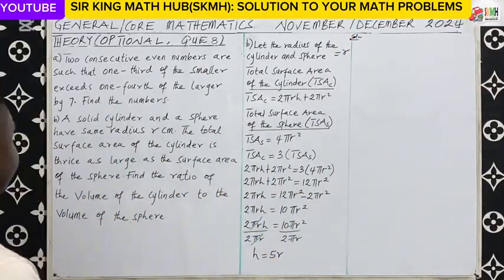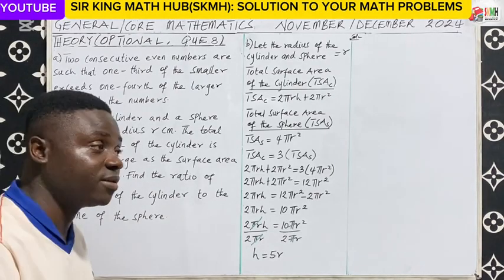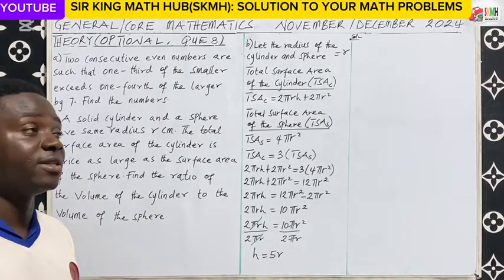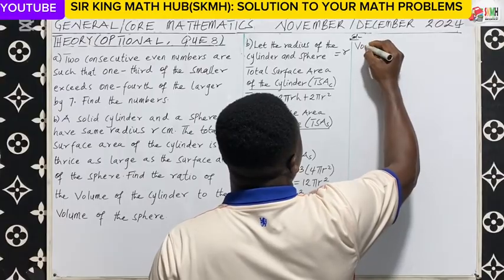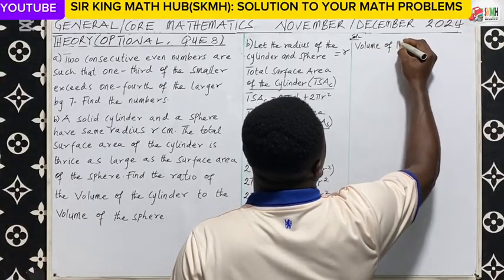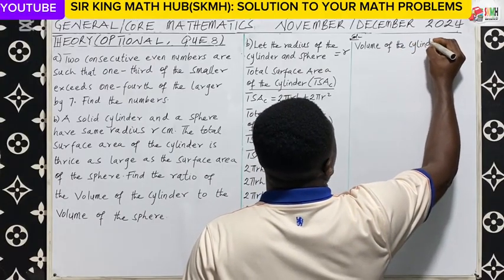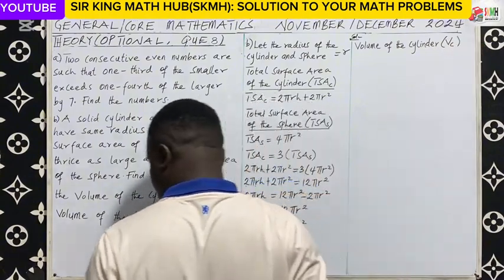Now the next step, we have to find the ratio of the volume of the cylinder to the volume of the sphere. So the first step, let's find the volume of the cylinder.